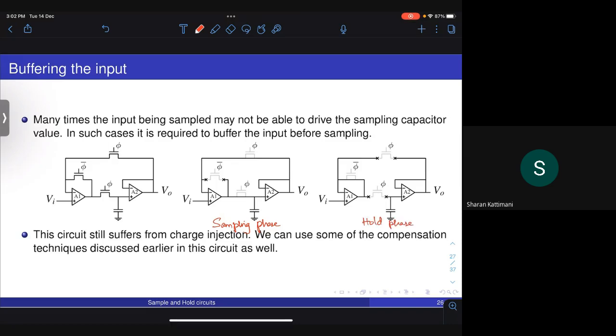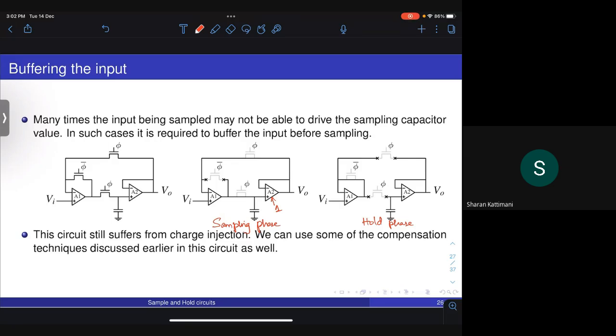Okay, in the sampling phase, this becomes like a simple two-stage op-amp connected in unity gain feedback. And in this two-stage op-amp, A2 is connected with a gain of 1.